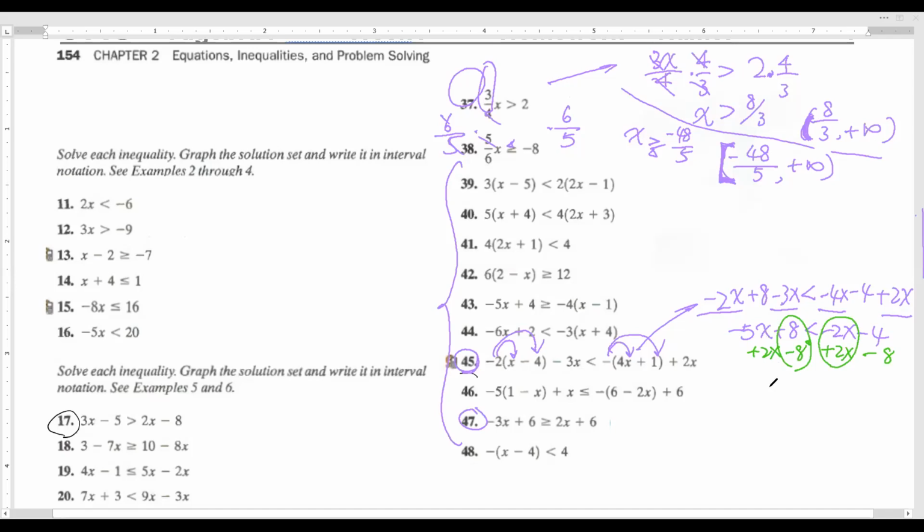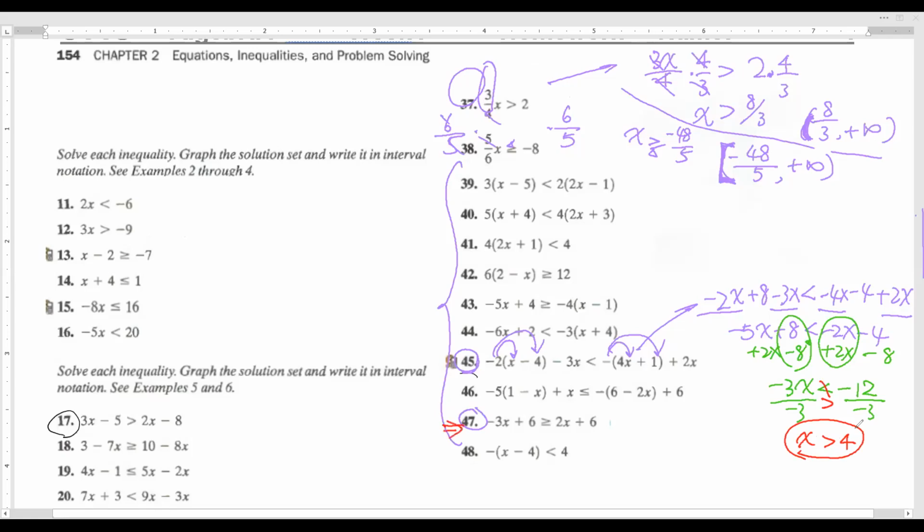So here it became negative 3x less than negative 12. Now we divide both sides by negative 3. Since this is a negative number, we change the inequality sign. So step by step, we use the distributive property, combine like terms, and then divide by a negative number, so you can get this one.